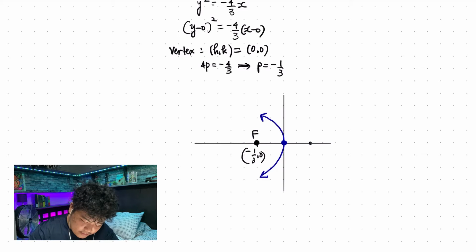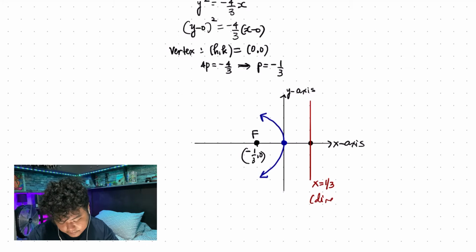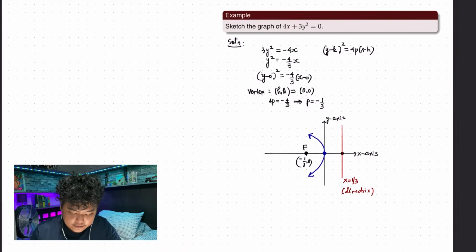Ang directrix mo, andito siya. At ang equation niya, since vertical line, x equal to 1/3, because 1/3 units away from the origin. So this is our directrix. Clear ba yun? So something pa ganyan yung magiging sketch ng graph.